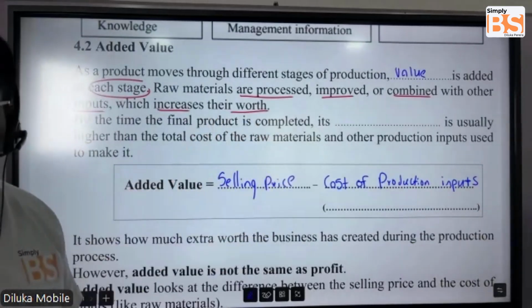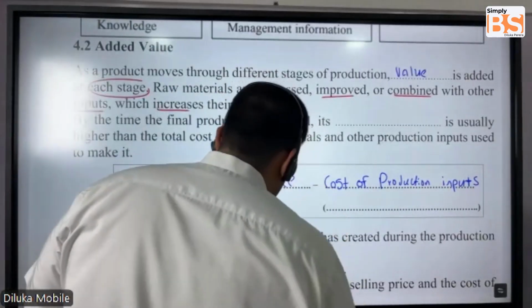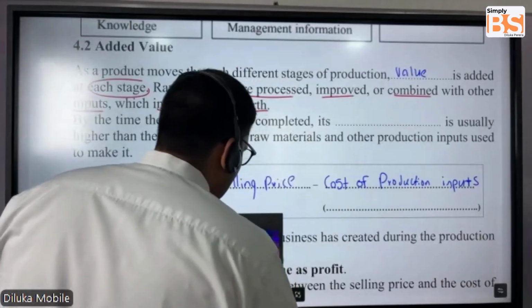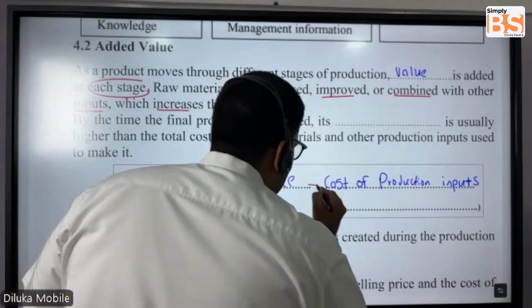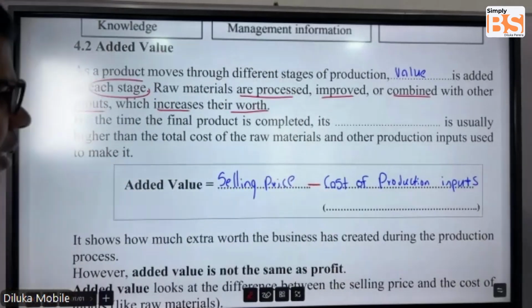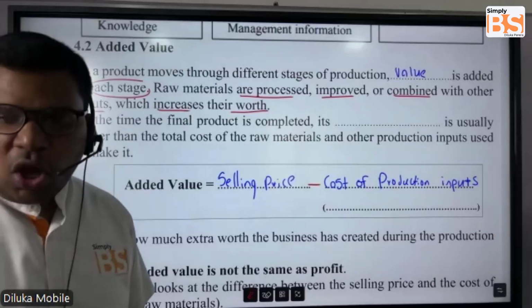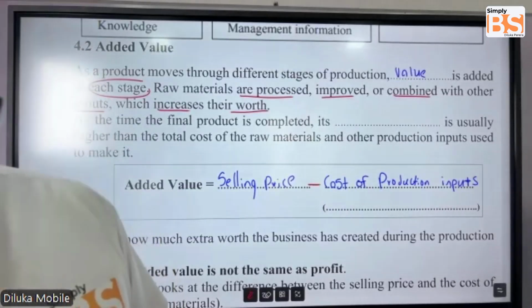Very important. From the selling price, you have to take out the cost of production inputs.